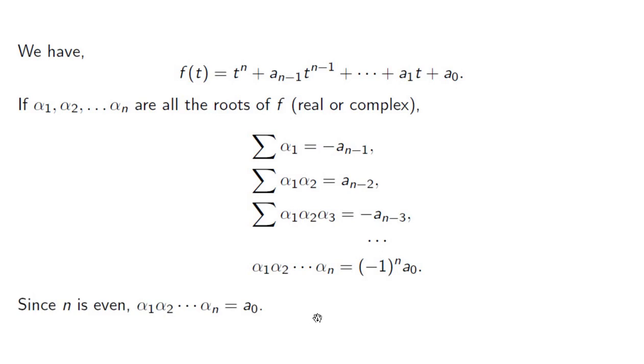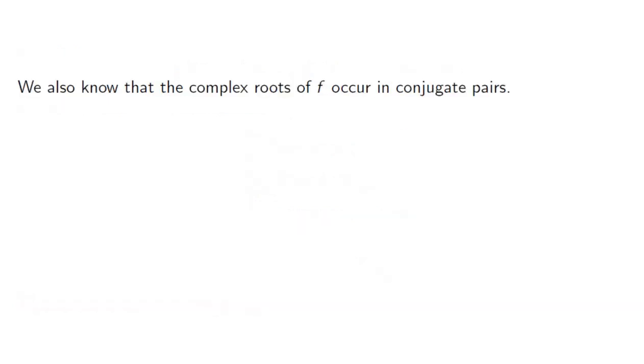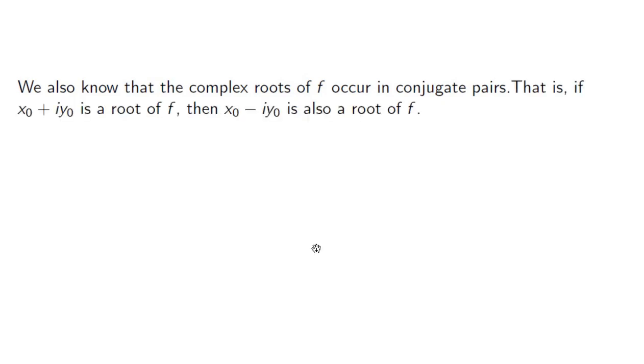Now, consider the complex roots of f. Since f is a real polynomial, the complex roots of f always occur in conjugate pairs. That is, if x_0 + i y_0 is a root of f, then obviously x_0 - i y_0 also has to be a root of f.